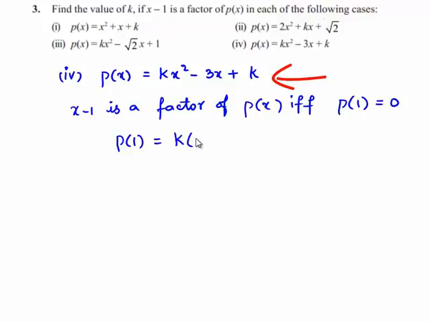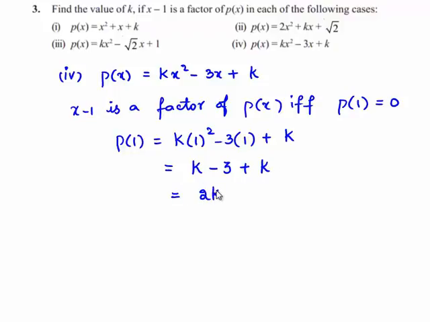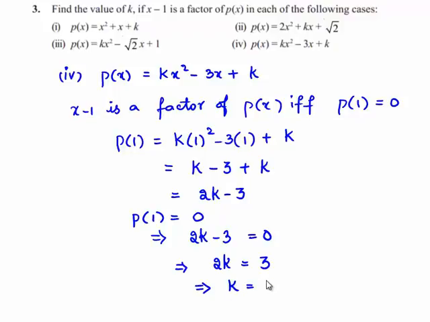This gives k times 1 square minus 3 times 1 plus k. This is equal to k minus 3 plus k, which is 2k minus 3. According to factor theorem, p of 1 must be equated to 0. That implies 2k minus 3 is equal to 0, which gives 2k is equal to 3, that is k is equal to 3 by 2. Therefore, the value of k is equal to 3 by 2.